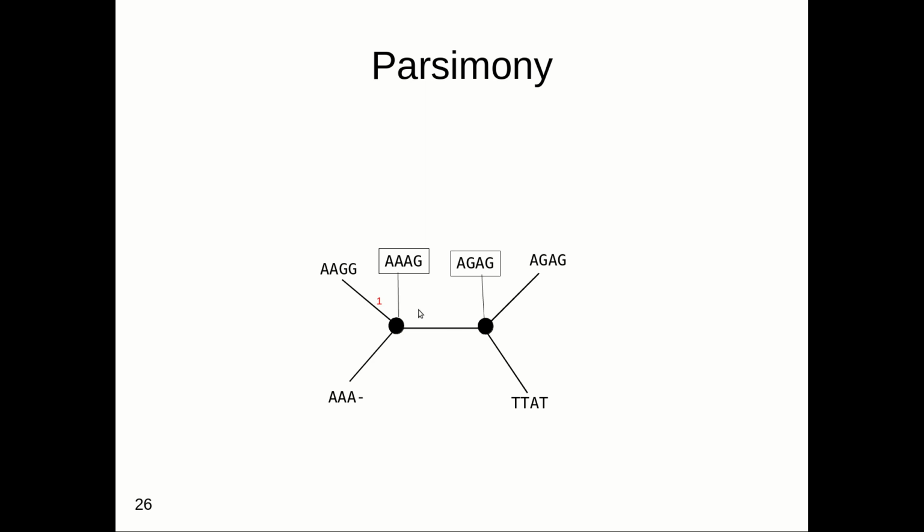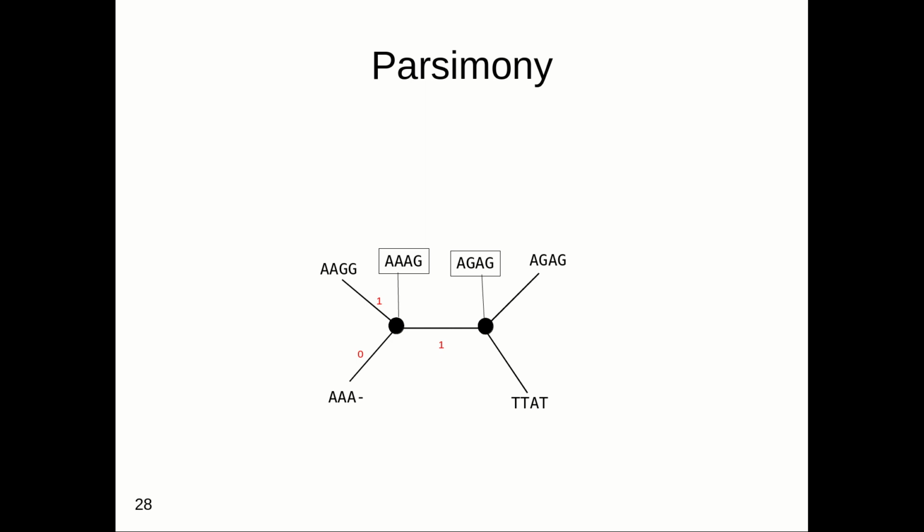And so basically once we have assigned those inner states, we can now just count the mutations on this tree. So here this is 1 because G is going to A. Then here this is actually 0 because we have 3 A's here, and then gap to G. The gap is represented as an undetermined character state, so it could be either A or C or G or T. And so transition from A or C or G or T to G has 0 mutations.